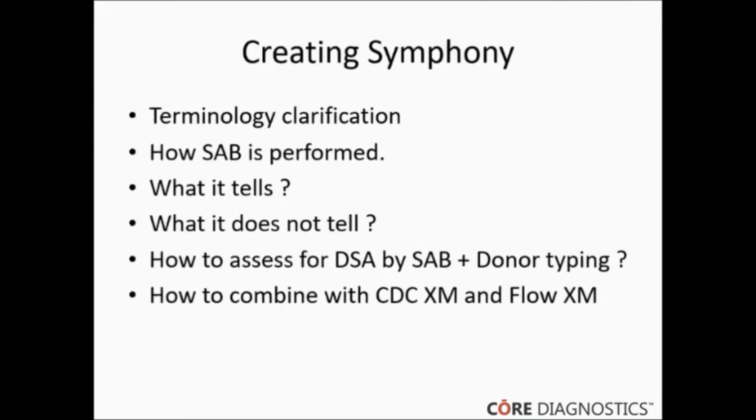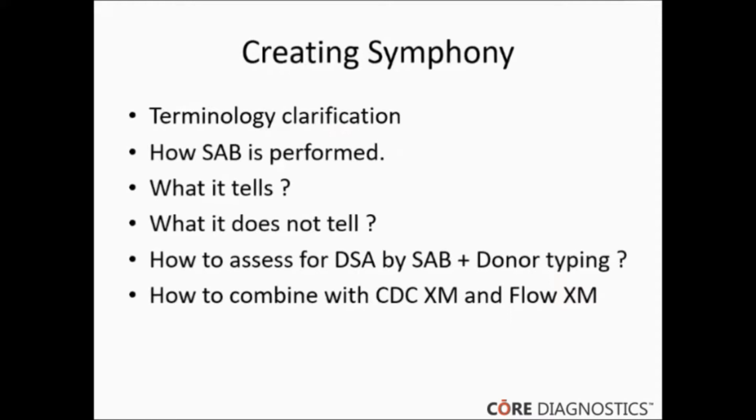So what am I going to focus on? First, we'll do a little bit of terminology clarification, so everyone is on the same page in terms of how we talk about each of these technologies, as well as each of these acronyms that get thrown around everywhere. We'll talk about how the single antigen bead is performed, what it tells and what it does not tell, how to assess for the donor specific antibodies by combining the single antigen bead and the donor typing.